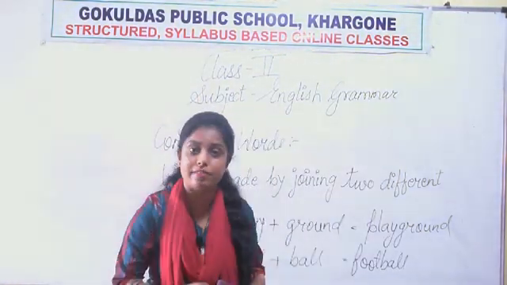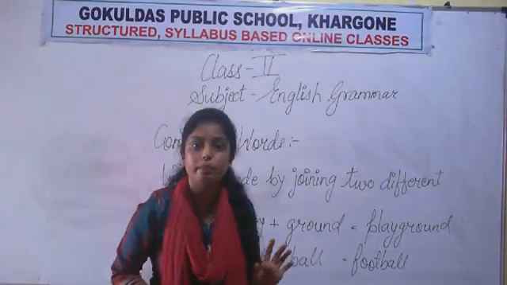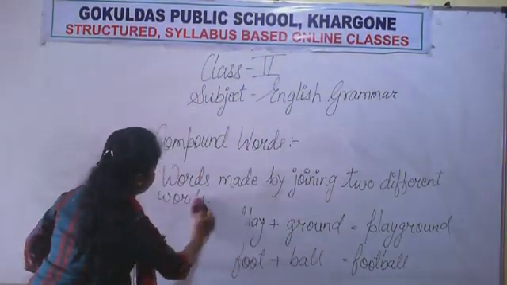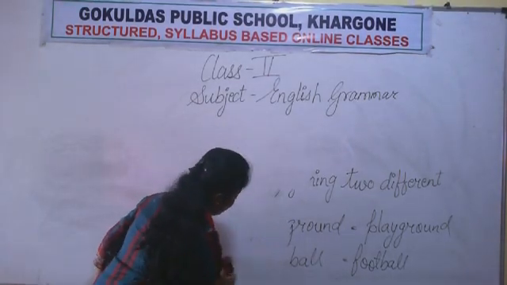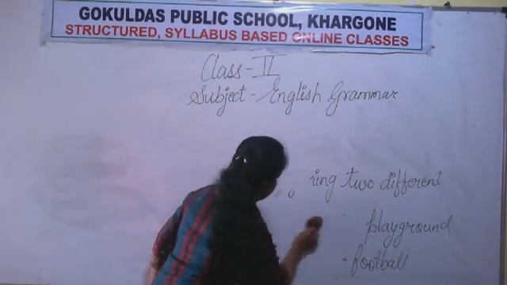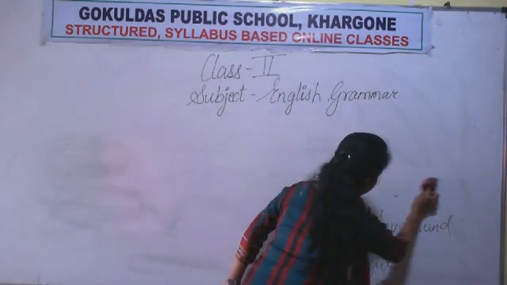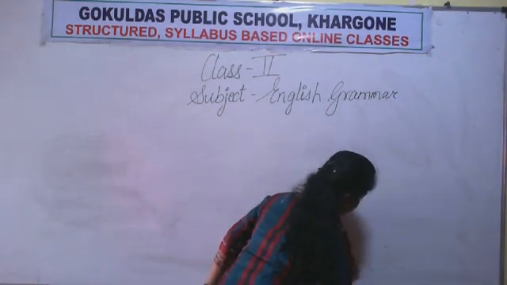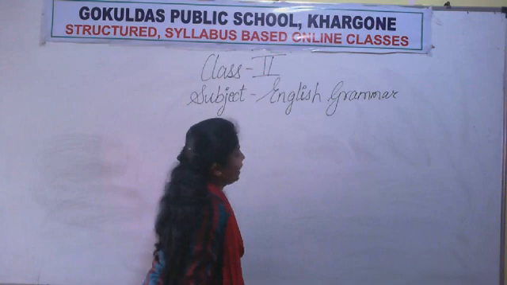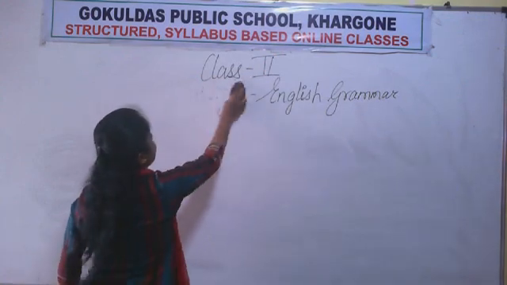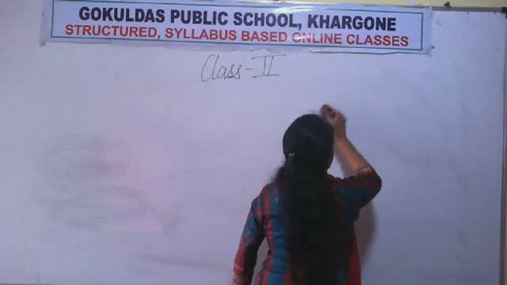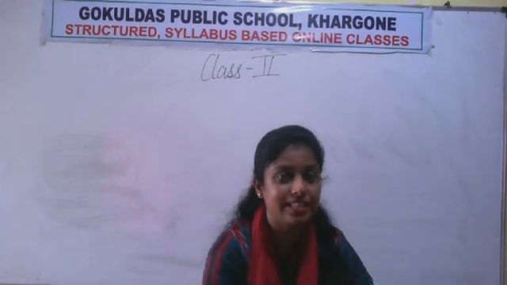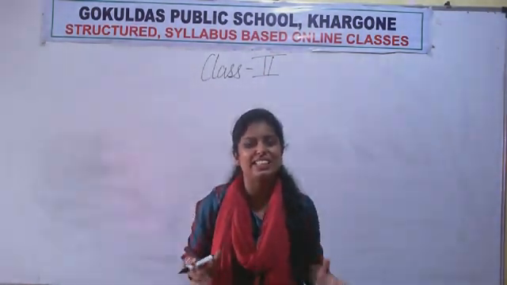Open page number 11 because the first question is given on page number 11. And sharpen your pencils. Try to note down correct things in one go. Don't rub again and again with your eraser, otherwise it will make your book look messy.